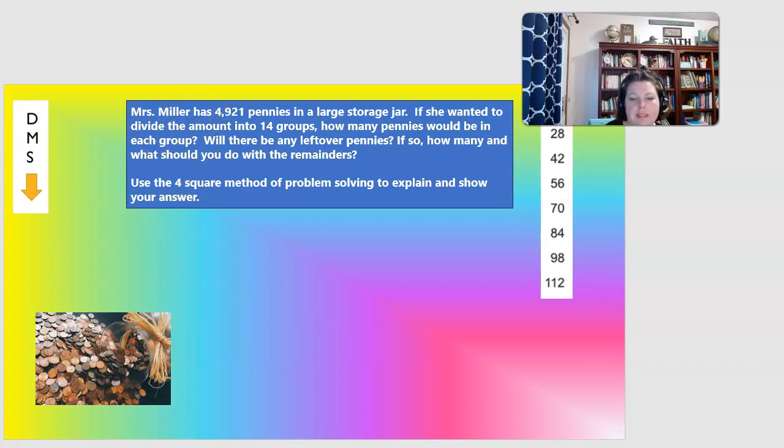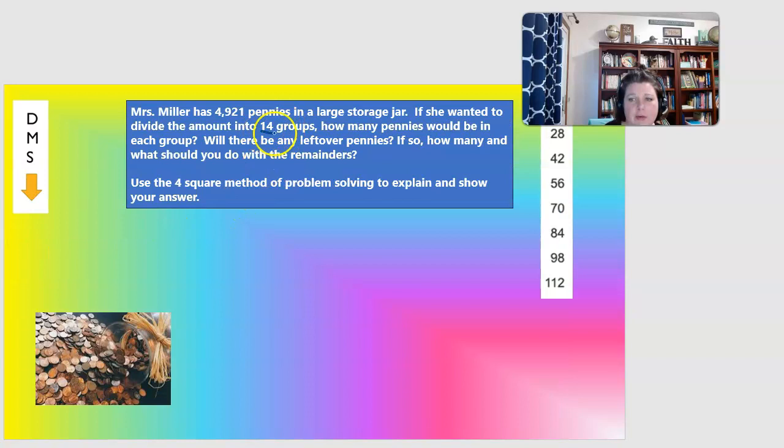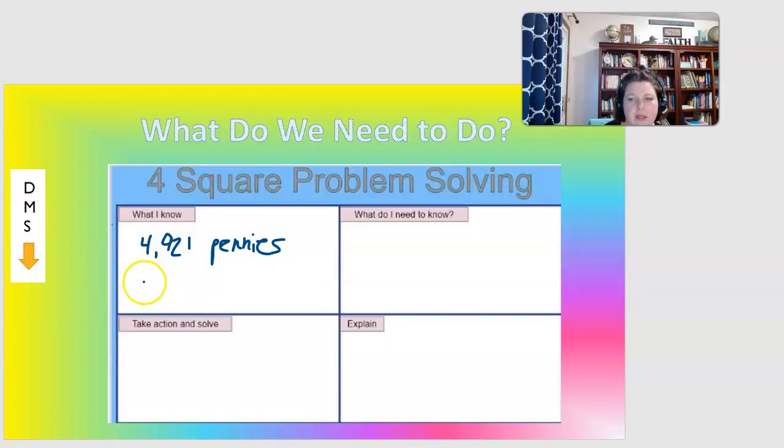We know that Mrs. Miller has 4,921 pennies, and Mrs. Miller wants those divided up into how many groups? 14.